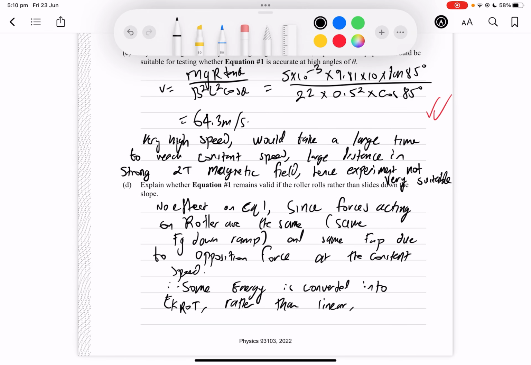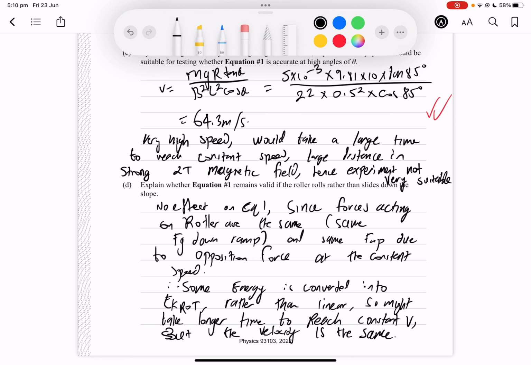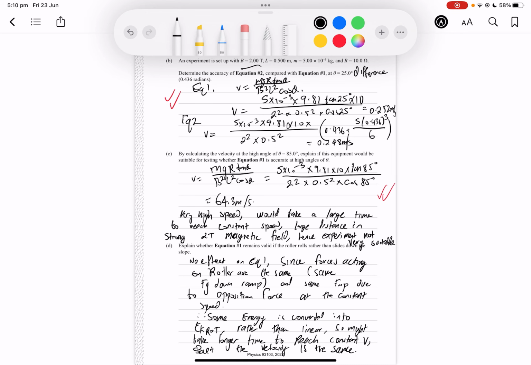So therefore, it might take longer for the constant speed to be reached, but the value of that speed is the same. And that's all we need to say for that question. So that's again just a 1-mark question there.